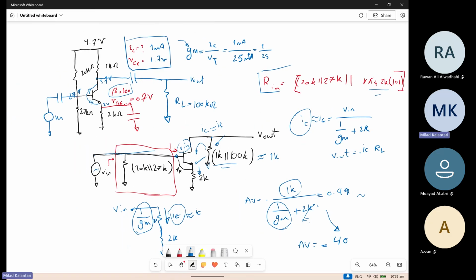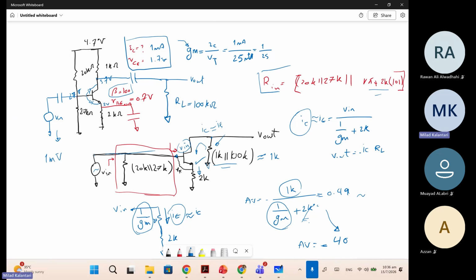So it means if I apply some signal with 1 millivolt amplitude, at the output you will get something around 40 millivolt, right? So let's see how it works.